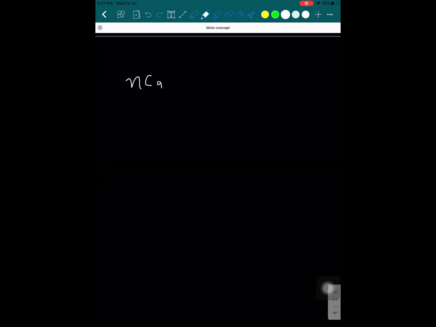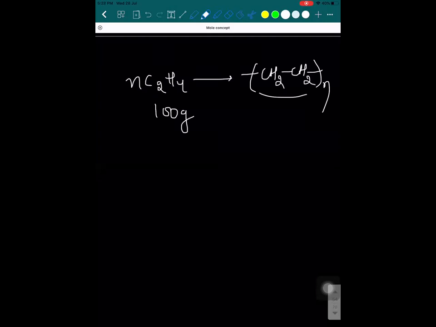The equation is given to you: n C2H4 will give you (CH2)n, right? 100 gram of ethylene is giving us this compound. We have to calculate the weight of this polythene. This is ethylene, this is polythene.